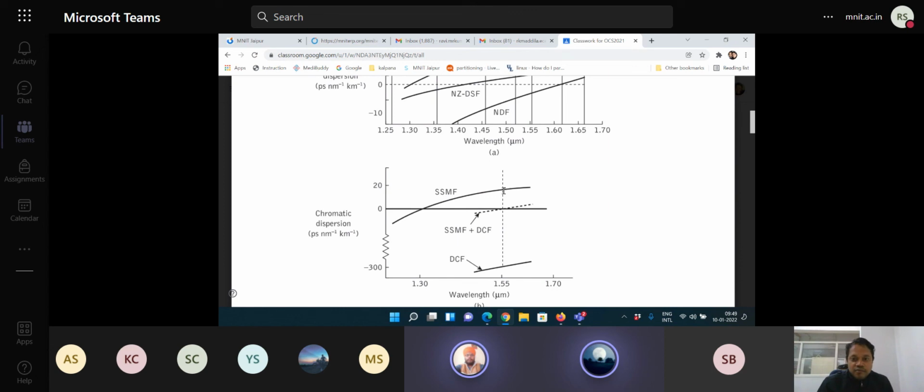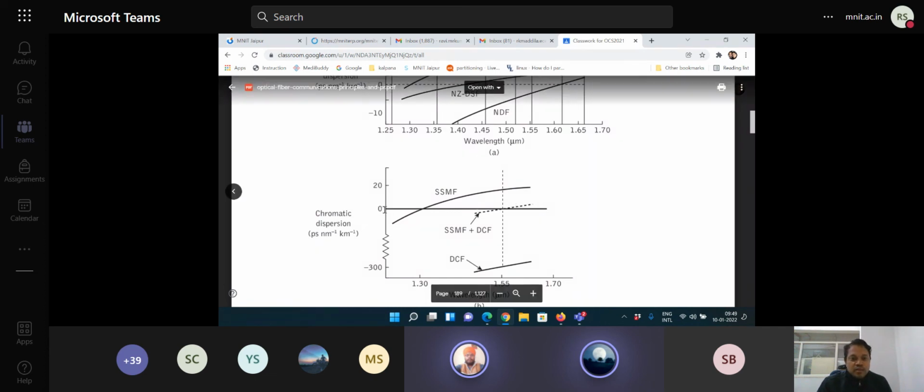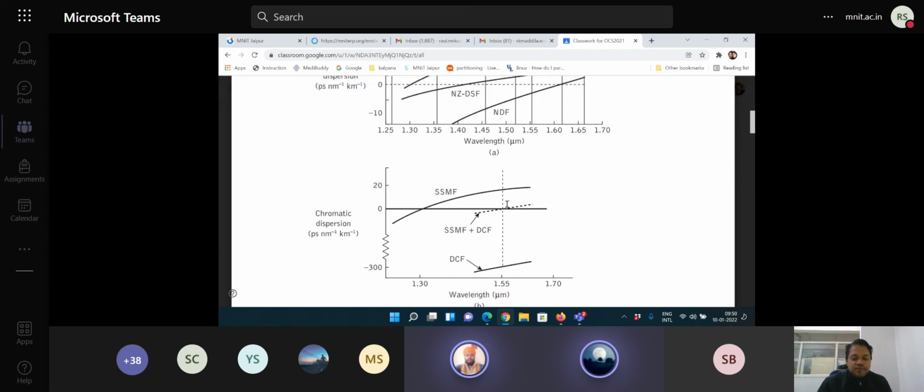So after 100 kilometers of this fiber, you can introduce something around, say, 1 kilometer of a dispersion compensating fiber, and because of the very large negative dispersion, it can reduce your pulse width back to the desired level. So the net dispersion is almost zero, near the zero line, and you can have better transmission.